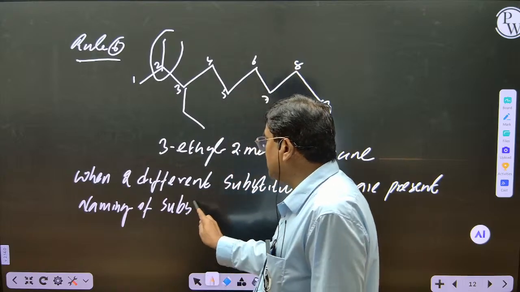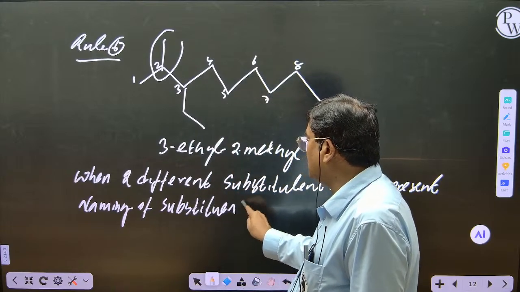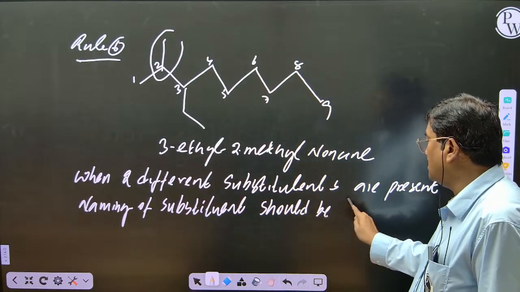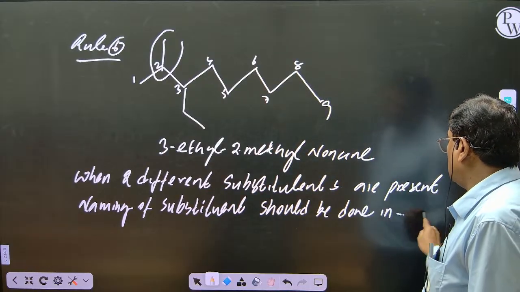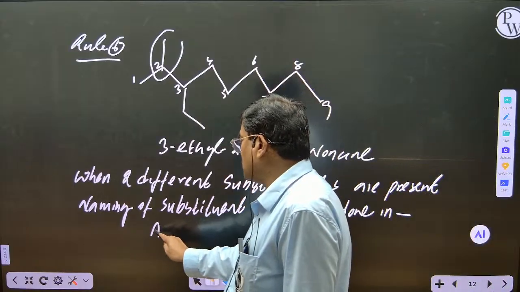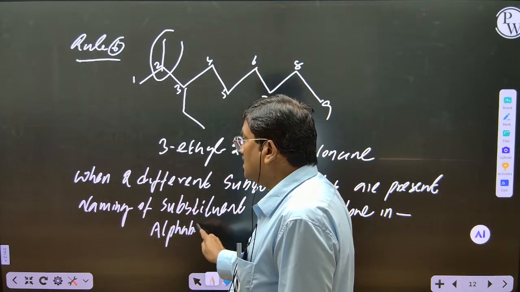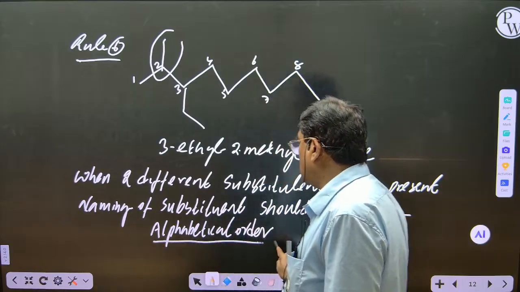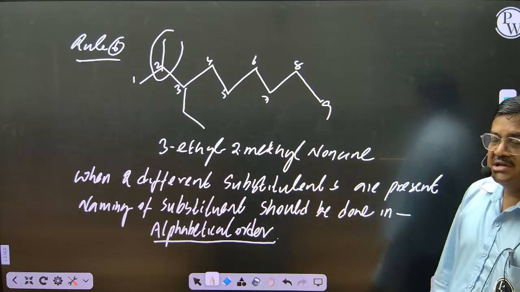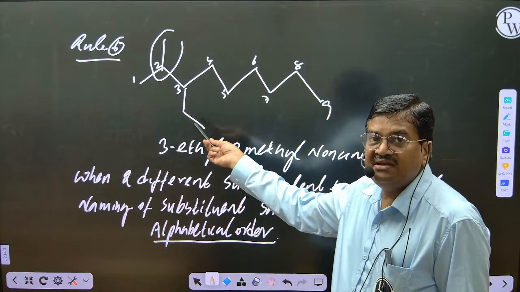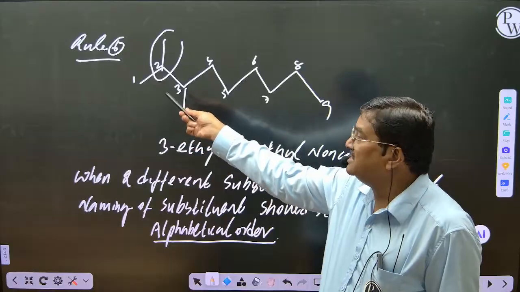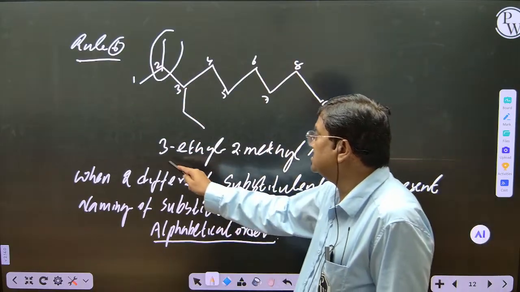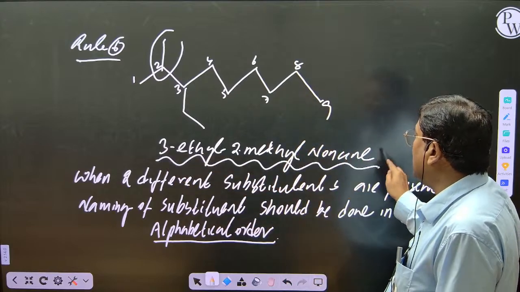Naming of substituents should be done in alphabetical order. Understood? So first, whom are we writing? Ethyl we are writing, then methyl, even though the number 2 is lower. Clear, students? Following everyone? So 3-ethyl, 2-methyl nonane.